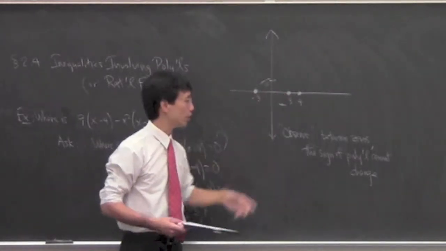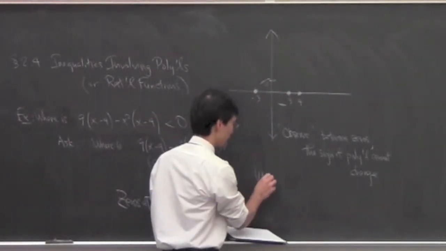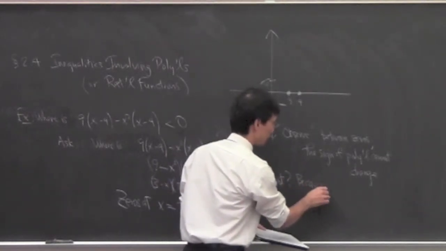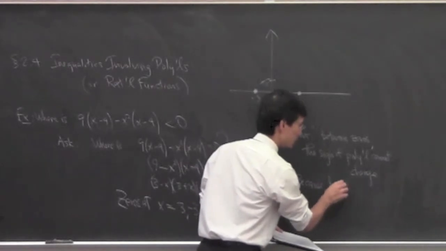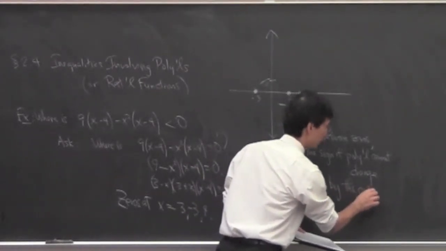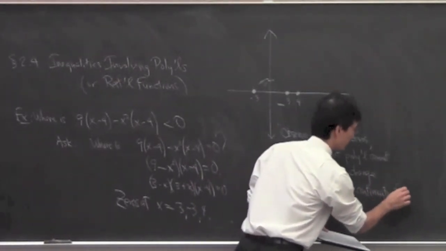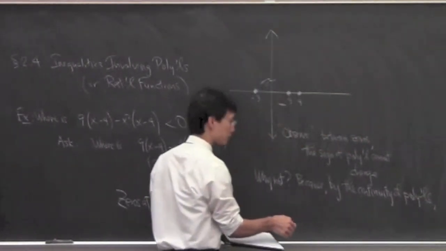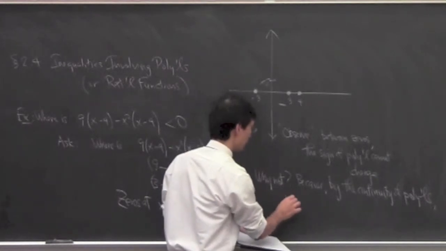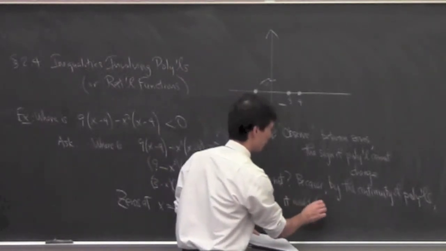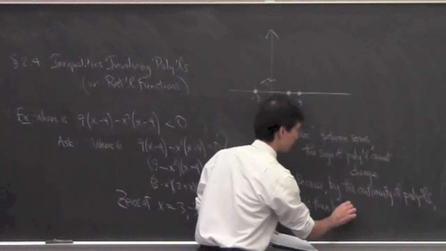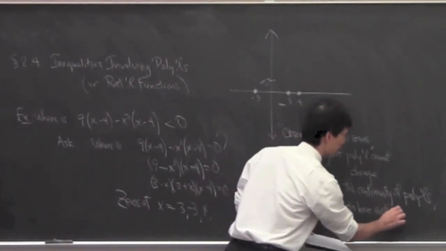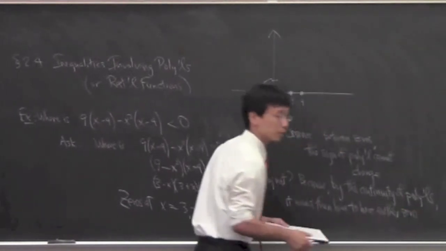Okay. So why not? Because by the continuity of the polynomial, it would then have to have another zero, which it doesn't.